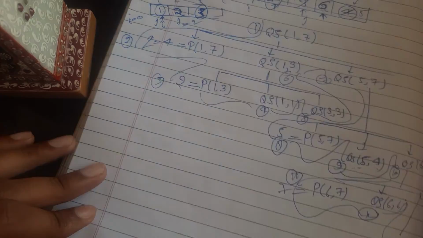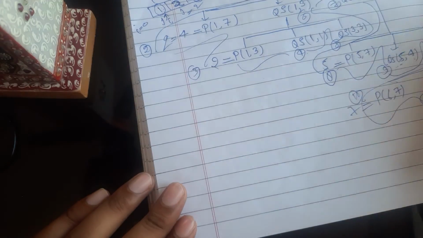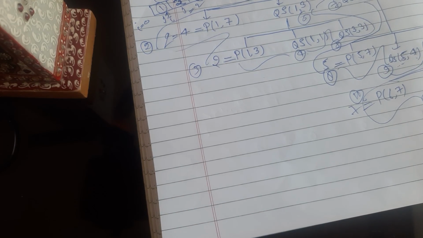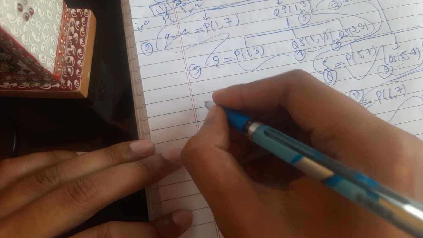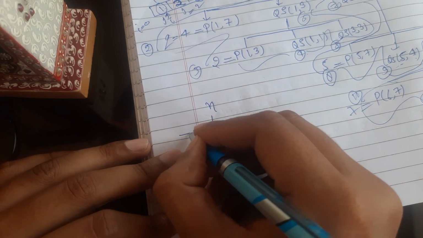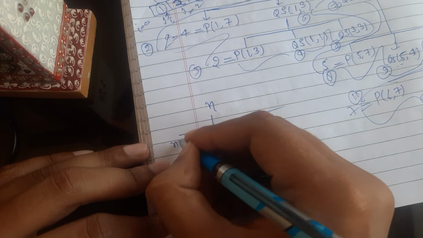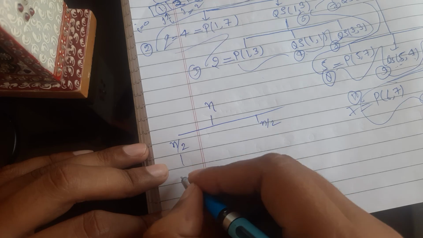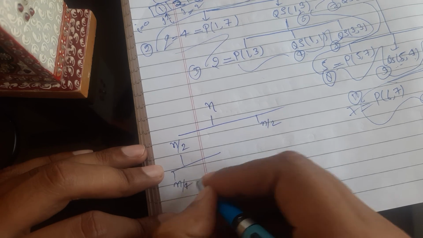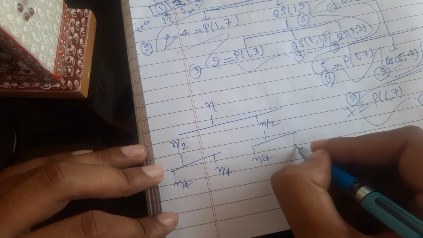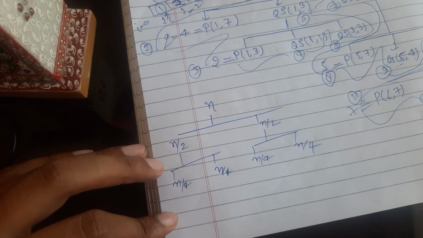So let's understand one concept, how we calculate the depth or height of the tree. Let's say the input size is n. If we divide the elements in such a way that n divides into n by 2 and n by 2, then again into n by 4, n by 4, which means we divide in a balanced way.